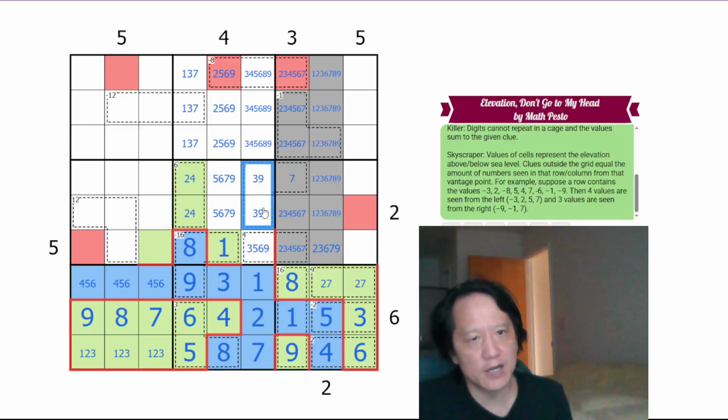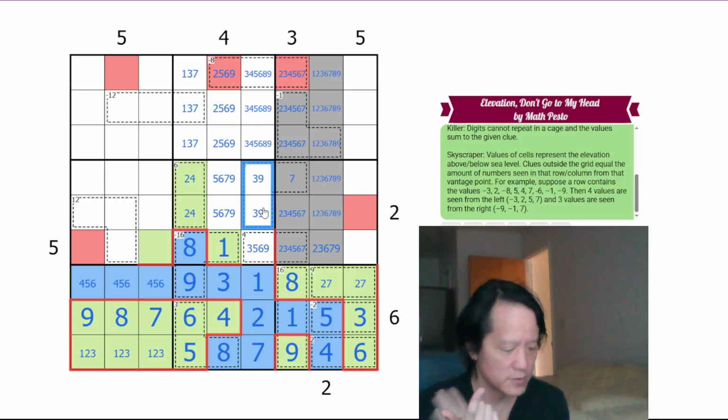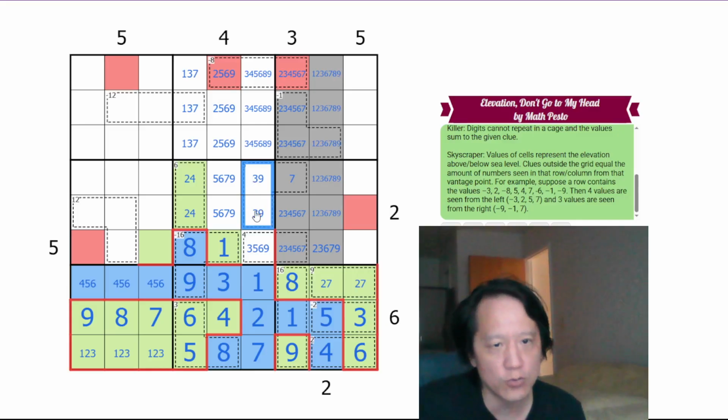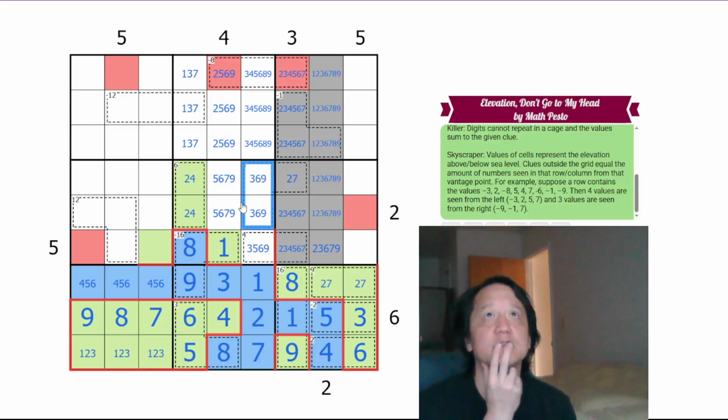So without 6, you don't have 8 available, so no 3, 8. You don't have 4 or 7 available here. So that doesn't work. And to have the negative 6, you can't have 5, 6. So it would have to be 2, 9, and negative 6.